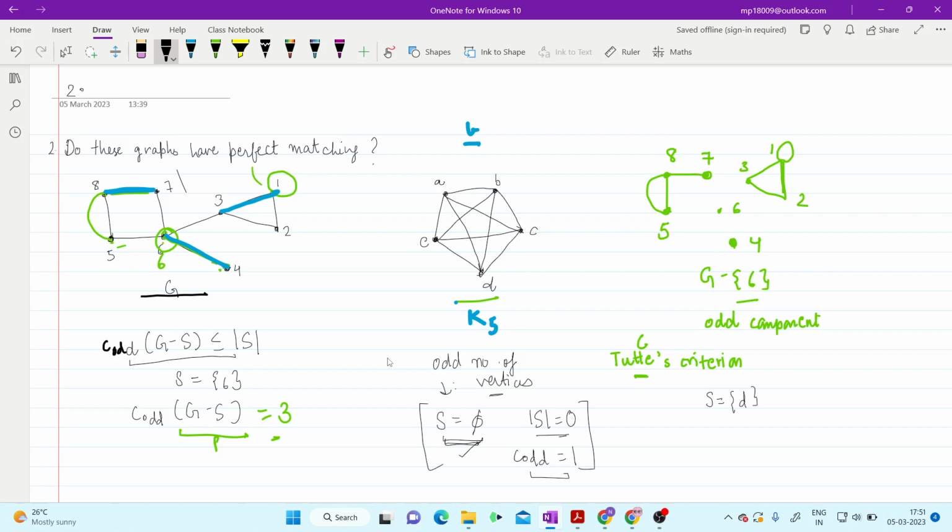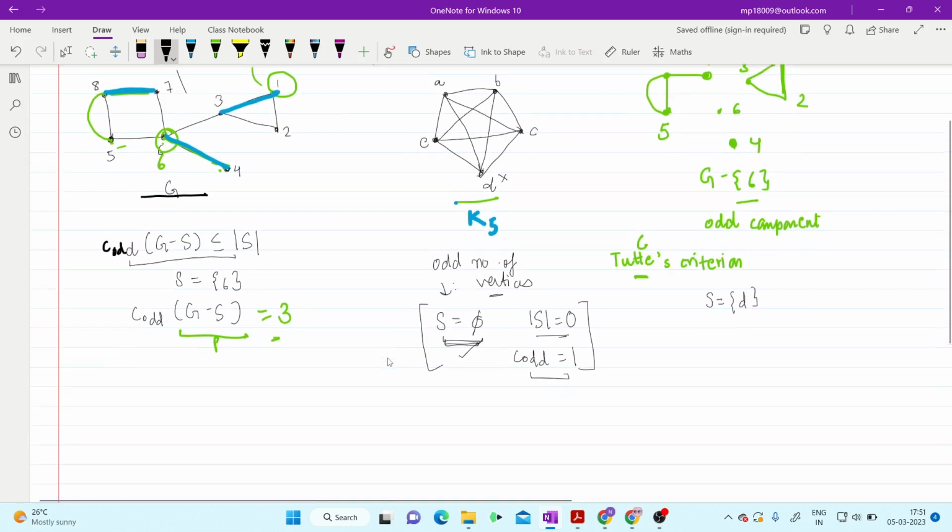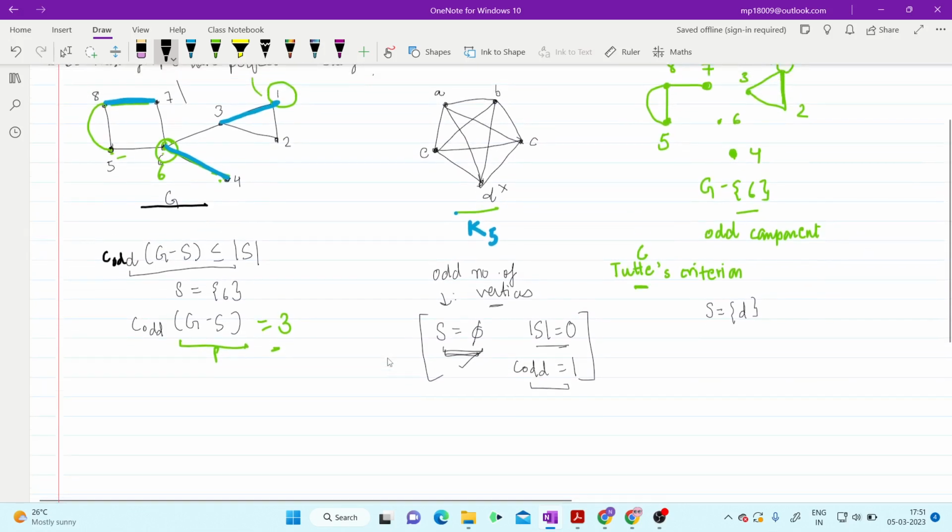A, B, C, and E. If you remove the vertex D from G, then it is a three factor, why, ma'am? Why is it a three factor?